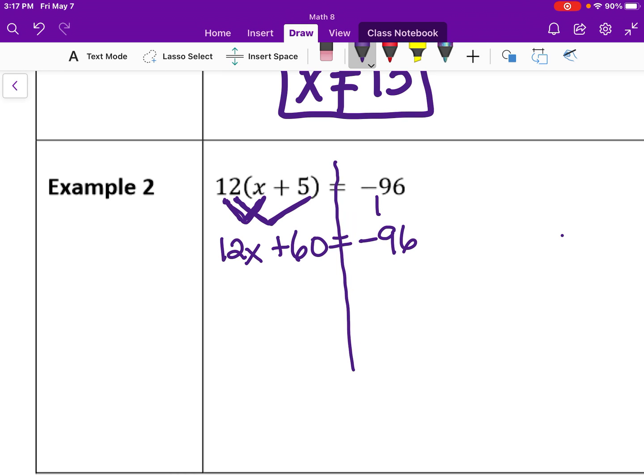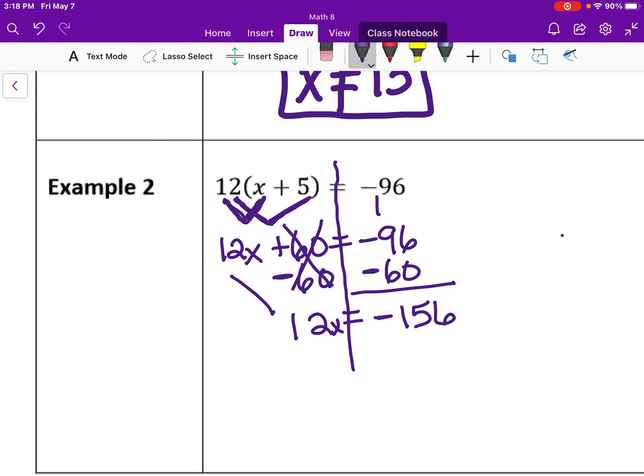I'm going to subtract 60 from both sides. That cancels out on this side, and that leaves me with 12x equals, again, we combine negative 96 and negative 60, which gives me negative 156.